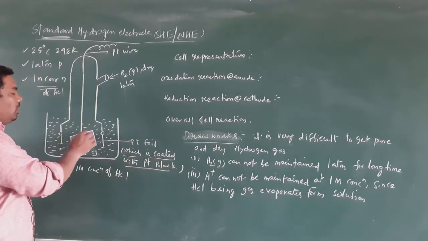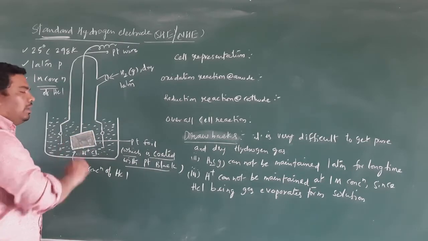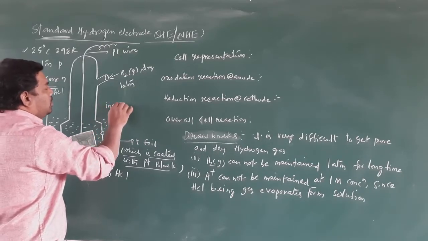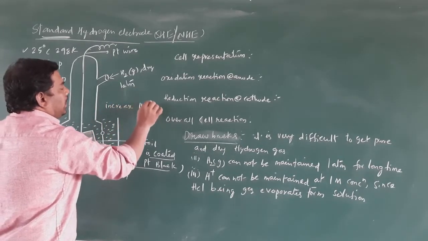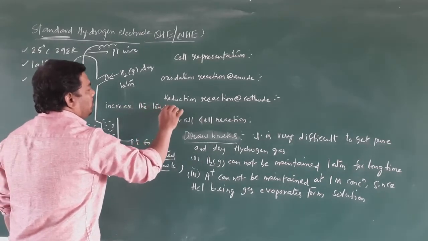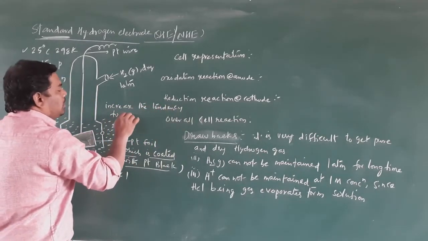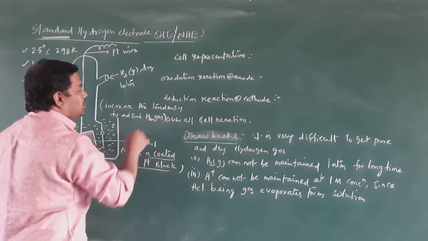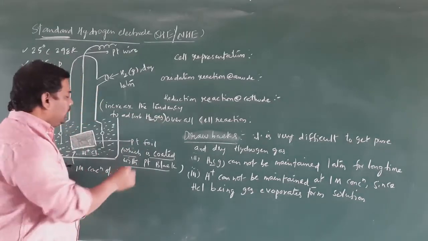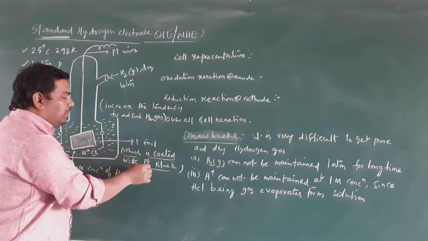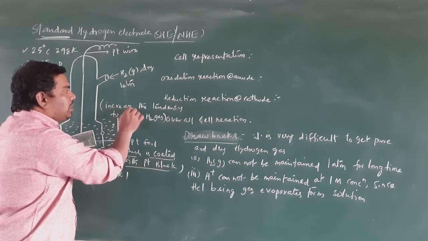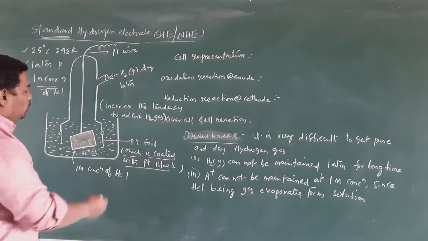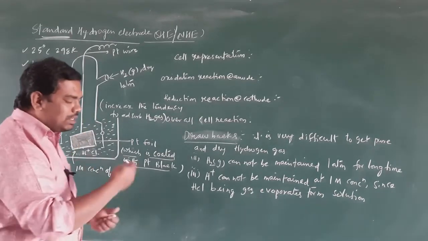The black platinum paint coated on the platinum foil helps to increase the tendency to absorb hydrogen gas. That is very, very important. Then we will discuss how it works.